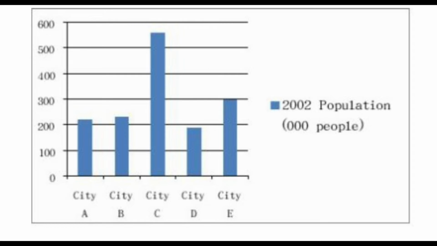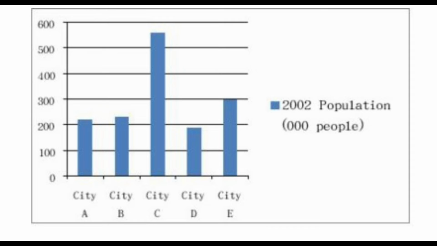For example, a static data chart may show the population of 5 different cities in 2022, and you need to compare the numbers.